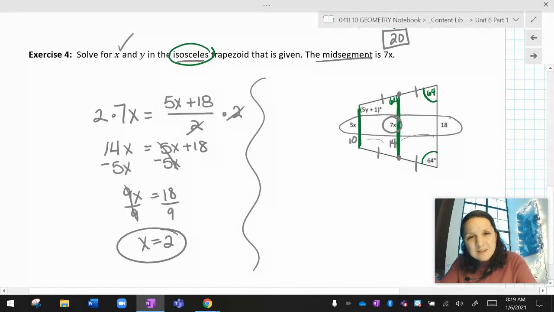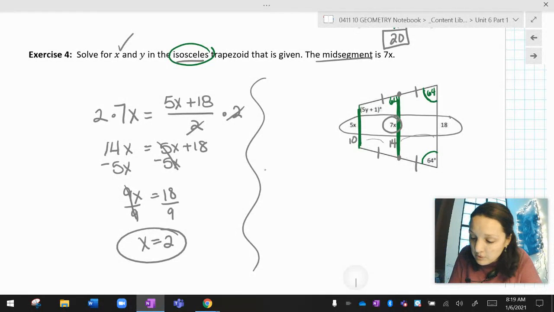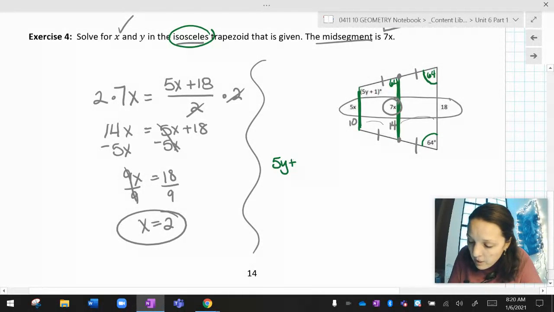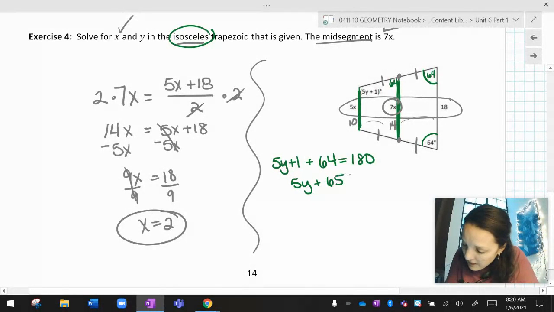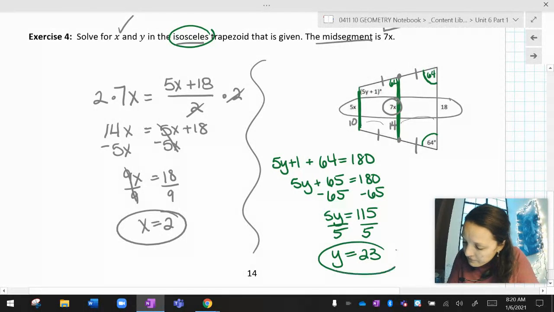Well, they're both inside the parallel line and on the same side of the transversal. Those would be same side interiors. So I know that 5y plus 1 plus 64 has to add to 180. So that's going to be 5y plus 65 is 180. So 5y equals 115. And y is 23.